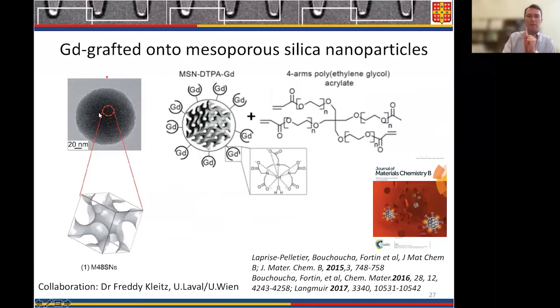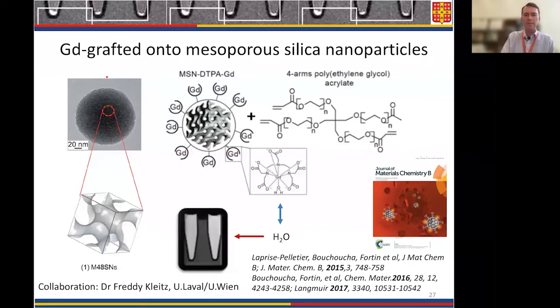The base material is silicon nanoparticles, which contain 70% of water. And at the surface of these nanoparticles, we grafted gadolinium. We can also graft manganese. Any paramagnetic MRI contrast agent can work on this system.